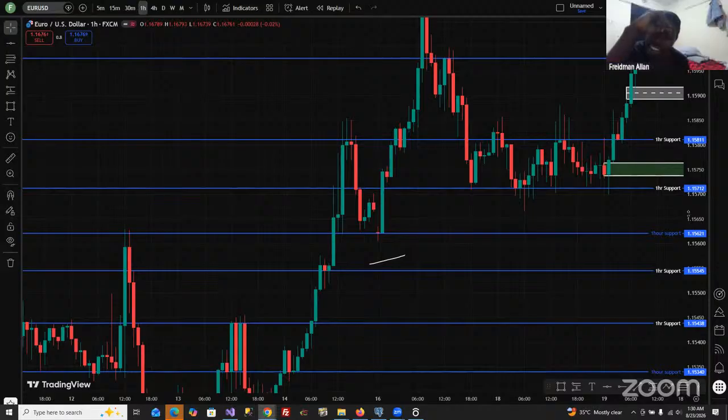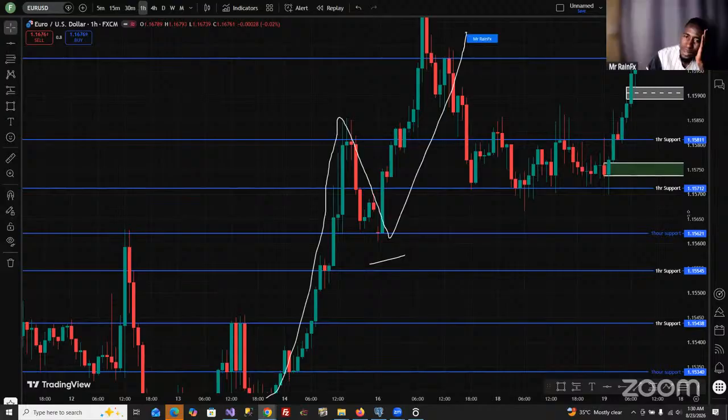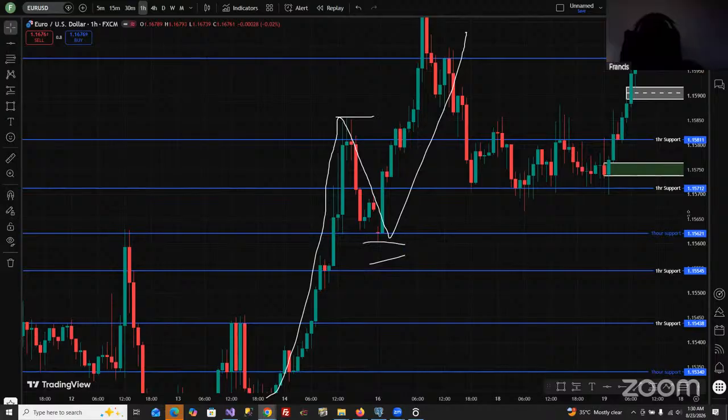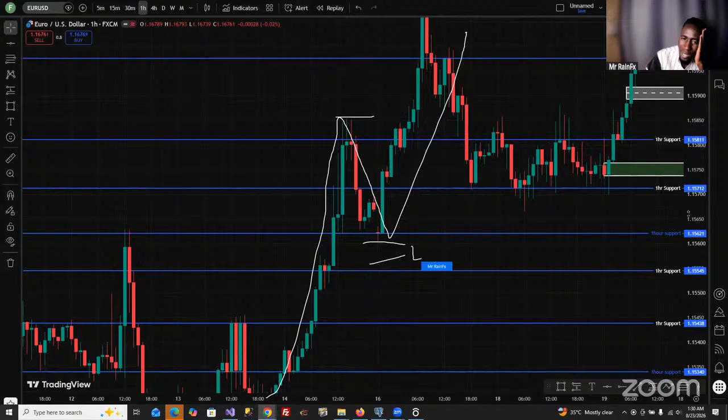Then this was a pullback, right? Then we had another impulse move. So what is this? And what is this? High and low, high. So this is a low and this is a high.